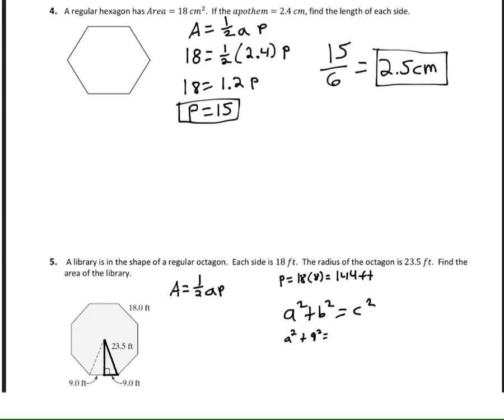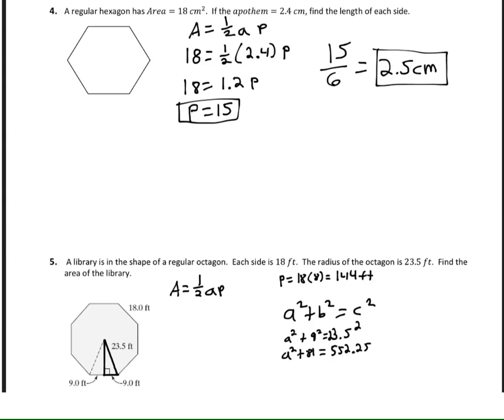And my c value, the hypotenuse of my right triangle, is going to be 23.5 feet squared. Now 9 times 9 is 81. So a squared plus 81 is equal to 23.5 squared, which is 552.25.